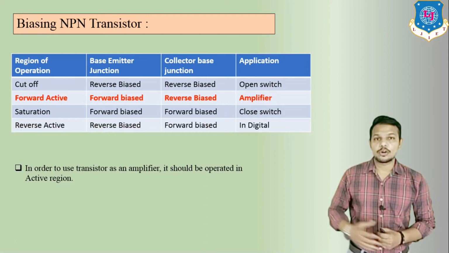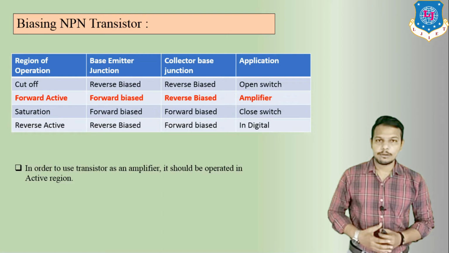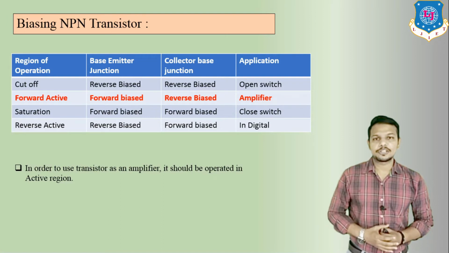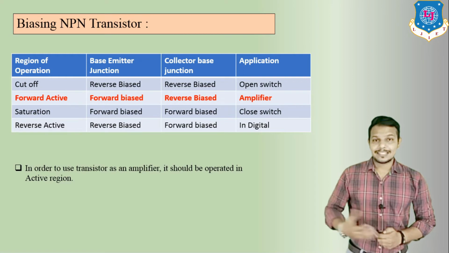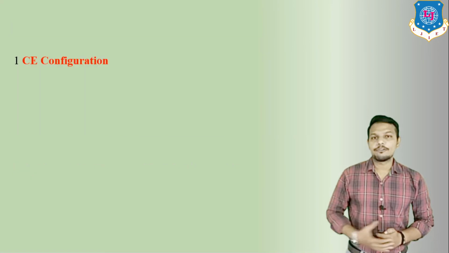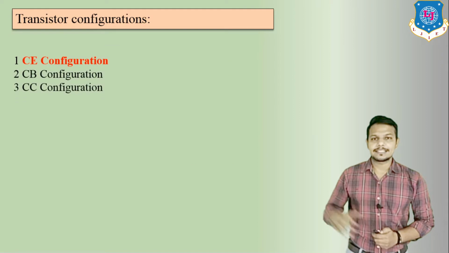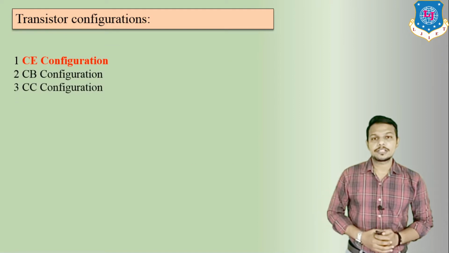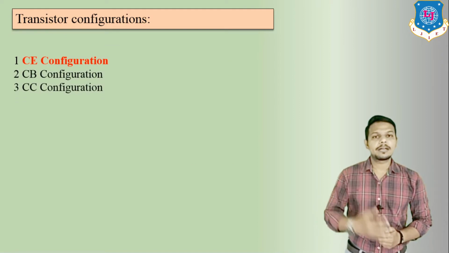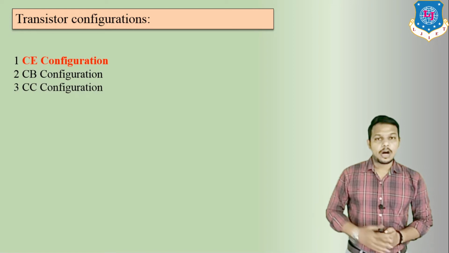Active region means your base-emitter junction should be forward biased and your collector-base junction should be in reverse bias. So let us discuss common configurations. Here we can see the transistor configurations, which are also known as common configurations. There are three terminals.